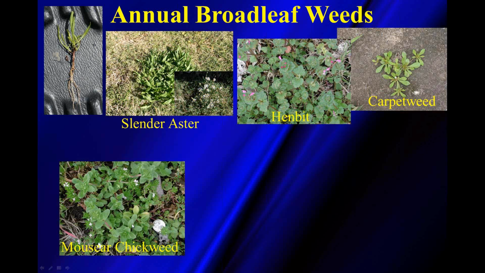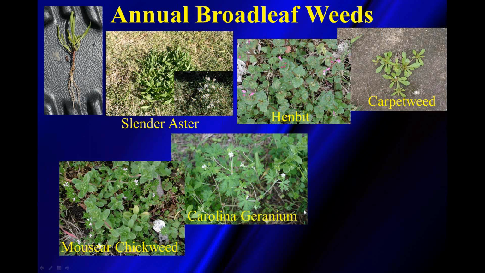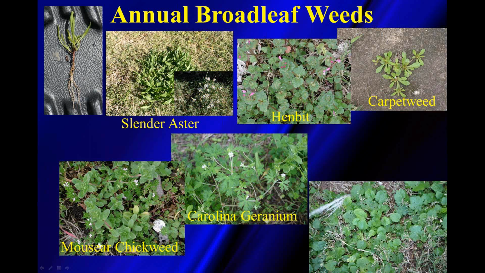Our chickweeds, this is actually the chickweed. This is Sherrardia in there, but the chickweeds are going to have the same appearance, but they're either going to have a fuzzy leaf, which is mouse ear chickweed, or it'll be smooth, which is common chickweed. And then we have other weeds like Carolina geranium. This is usually a cool season weed for us. It may hang in through the summer in shady areas that continue to get a lot of moisture. And then, of course, our common mallow.